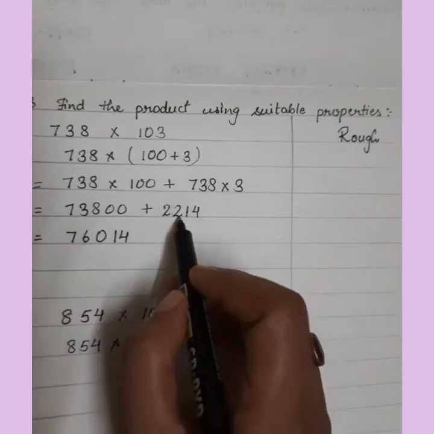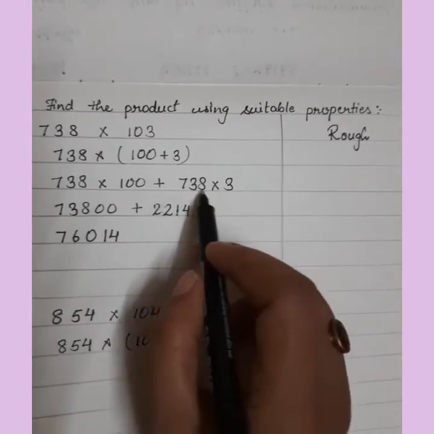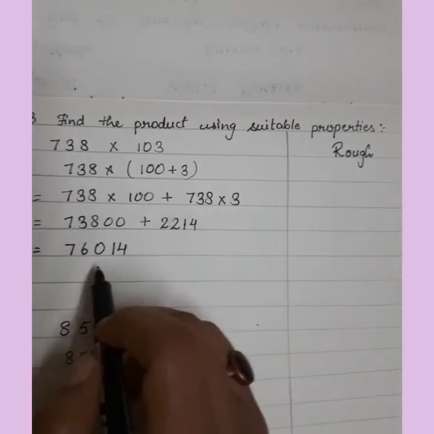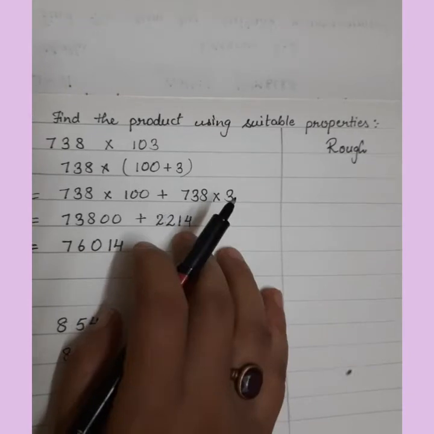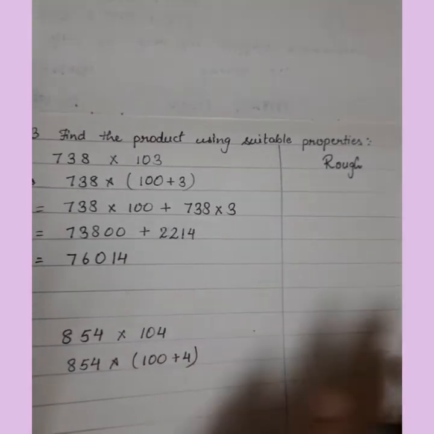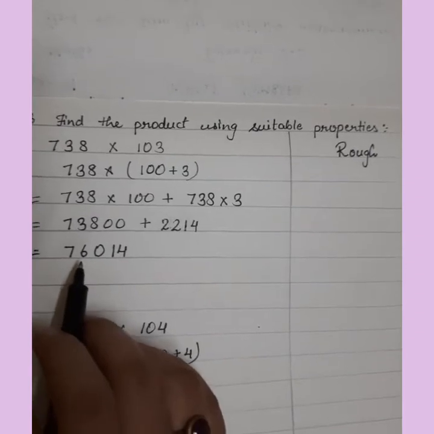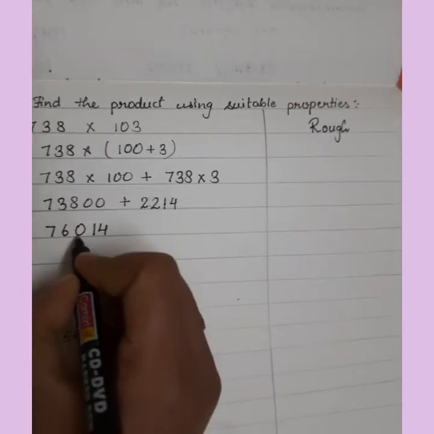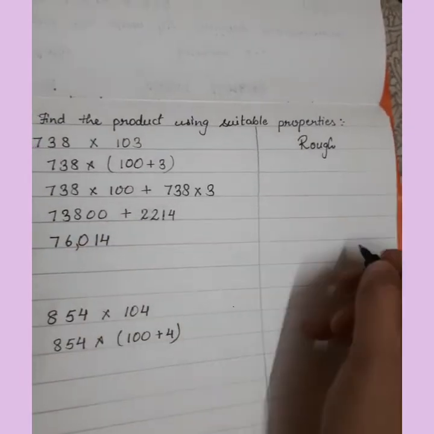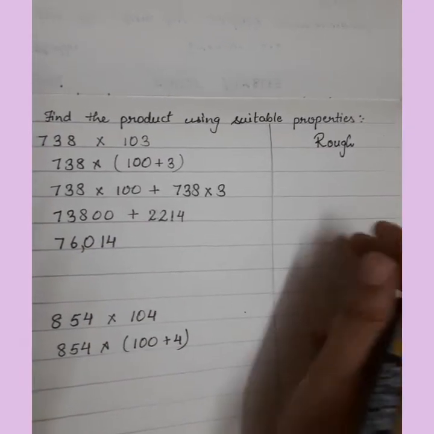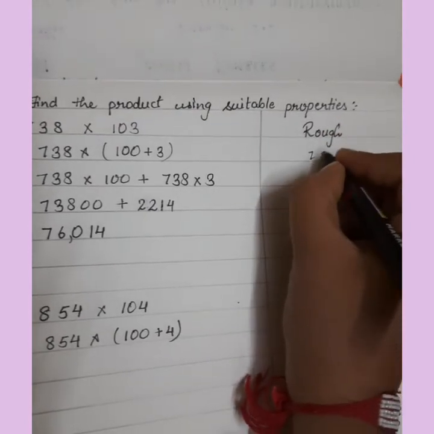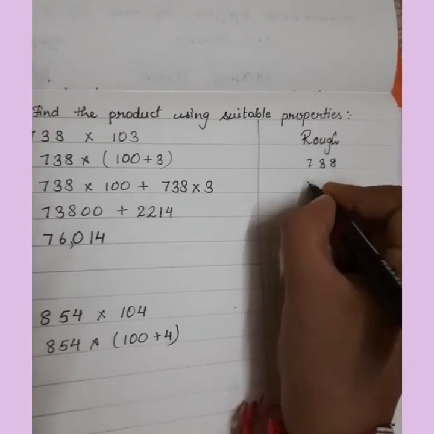Now 738 multiplied with 100 gives you 73,800, plus on doing the calculation of this you will get 2,214, and on adding both these numbers you will get 76,014. This calculation you have to do in the rough column. You can do it very well. Just now I am only writing the question.